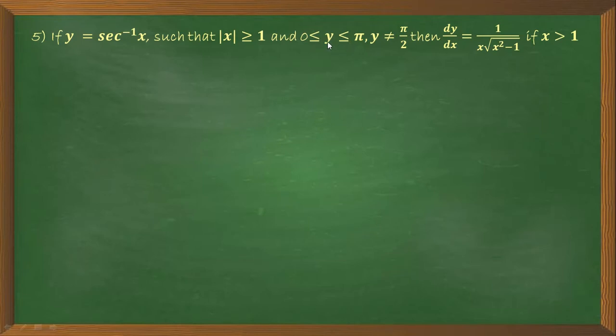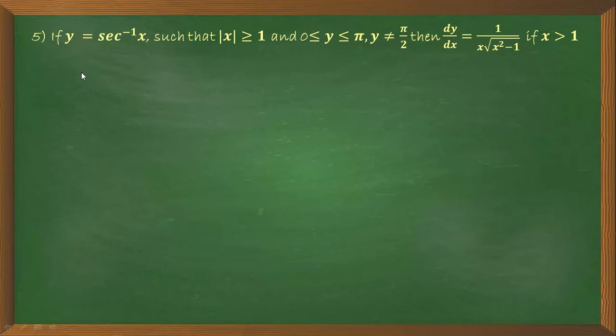This is the condition on y, but y is not equal to pi by 2 in this interval. Then prove that dy by dx, meaning the derivative of sec inverse x with respect to x, is 1 upon x into root of x square minus 1 if x is greater than 1.